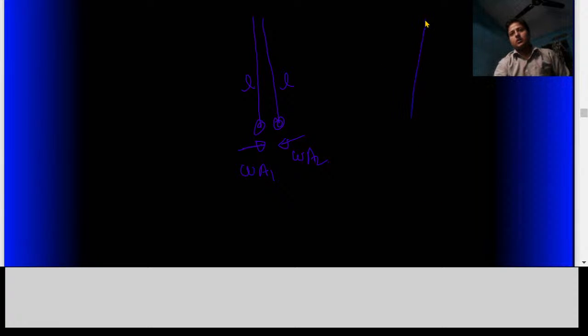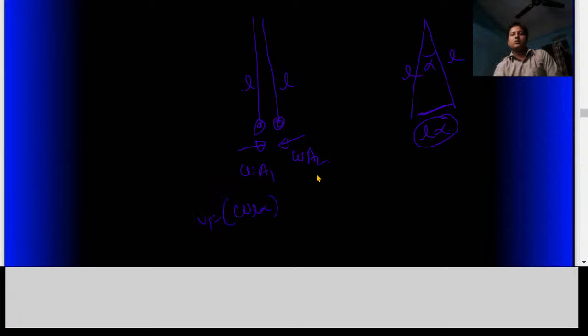Here the angle is alpha and the length is L, so the amplitude is L alpha. So V1 is omega L alpha, and V2 is omega L into 2 alpha. So here the speed is 2 times. If here the speed is V0, here the speed is 2 V0.